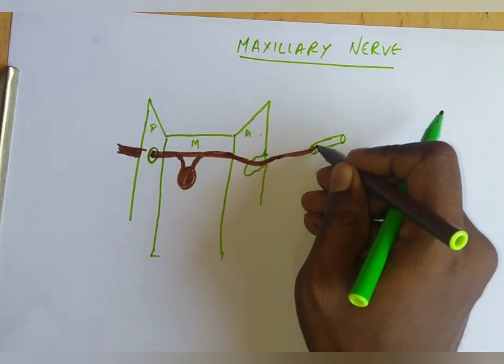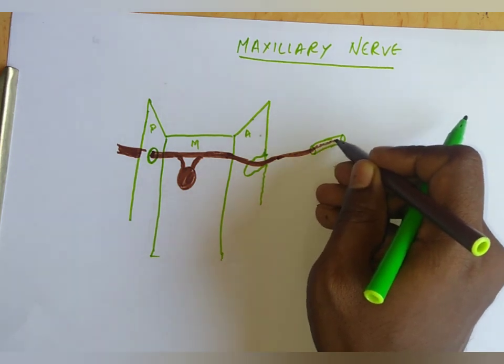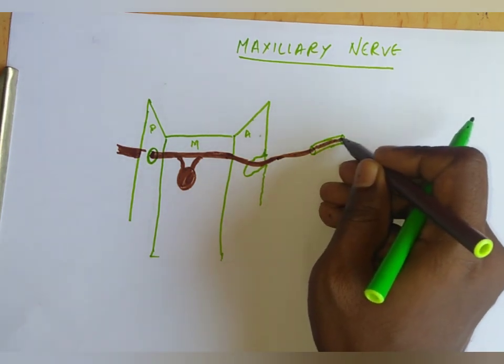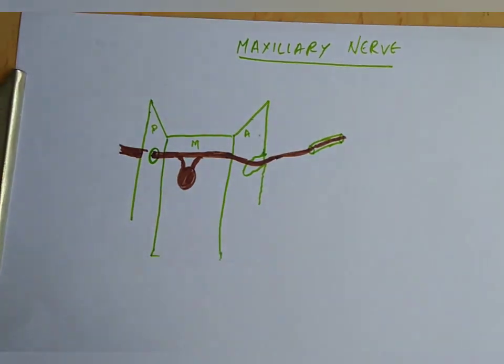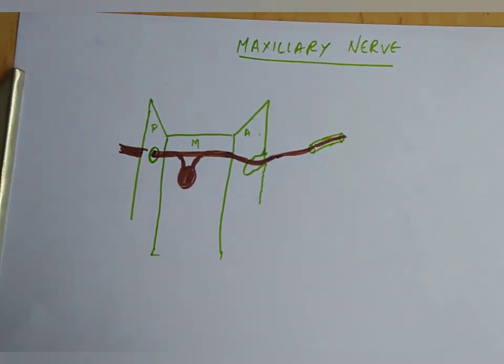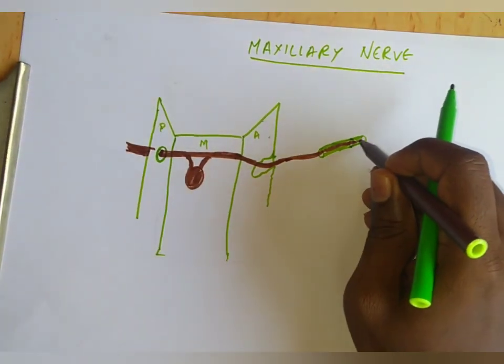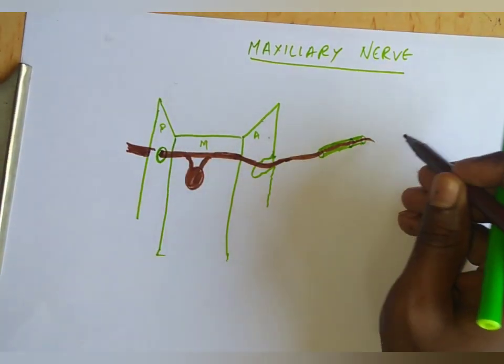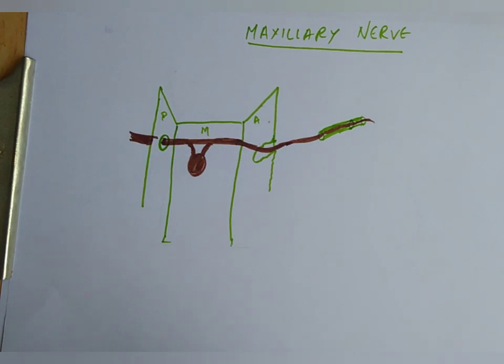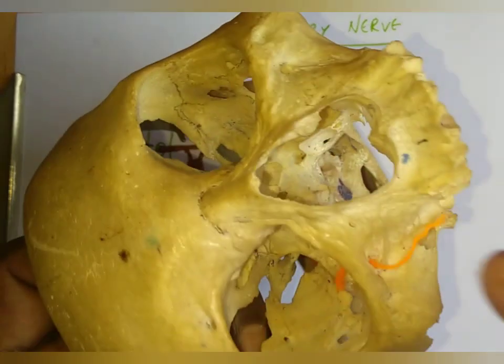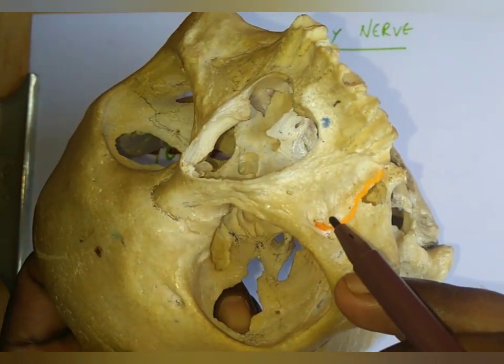The nerve passes through the infraorbital canal to reach the infraorbital foramen. So here is the infraorbital foramen. Now the nerve comes out through the infraorbital foramen.